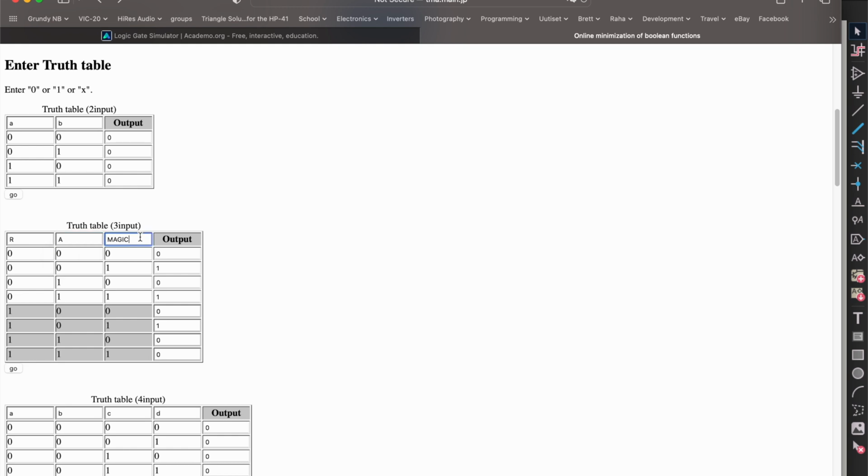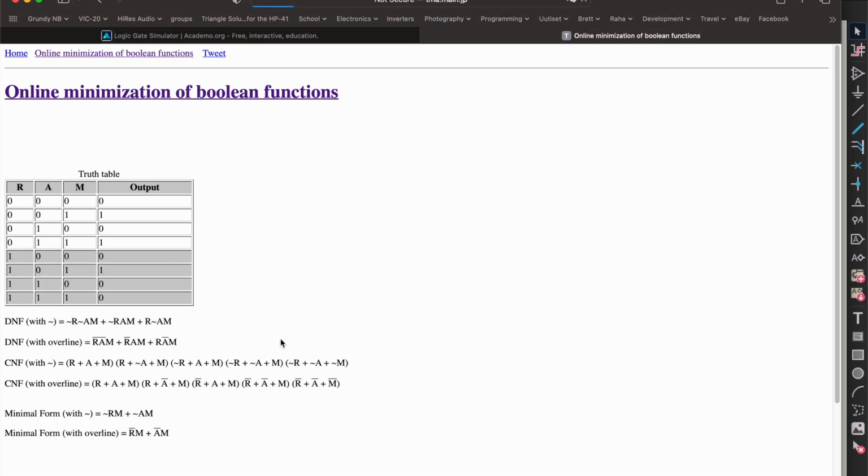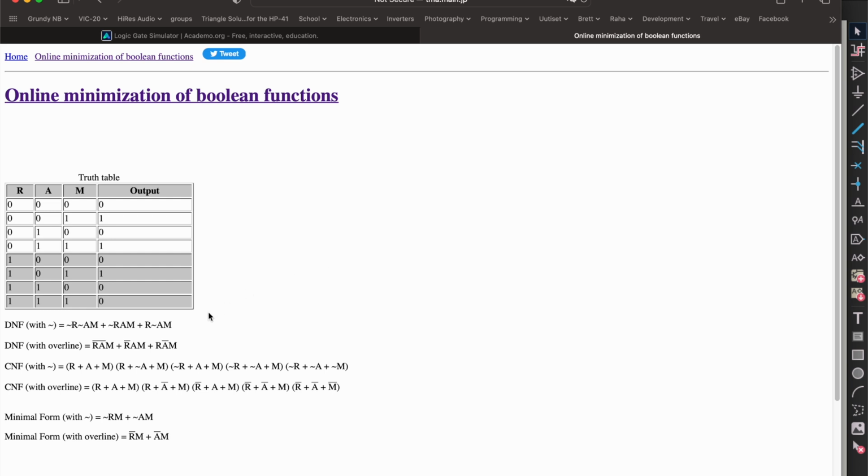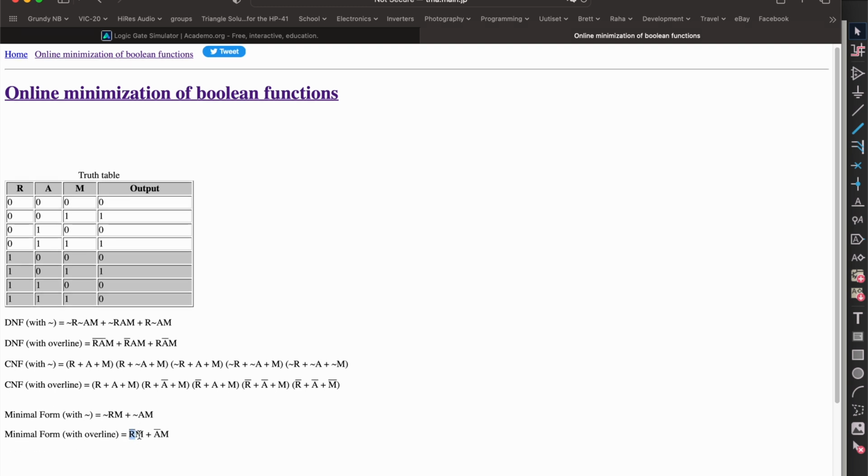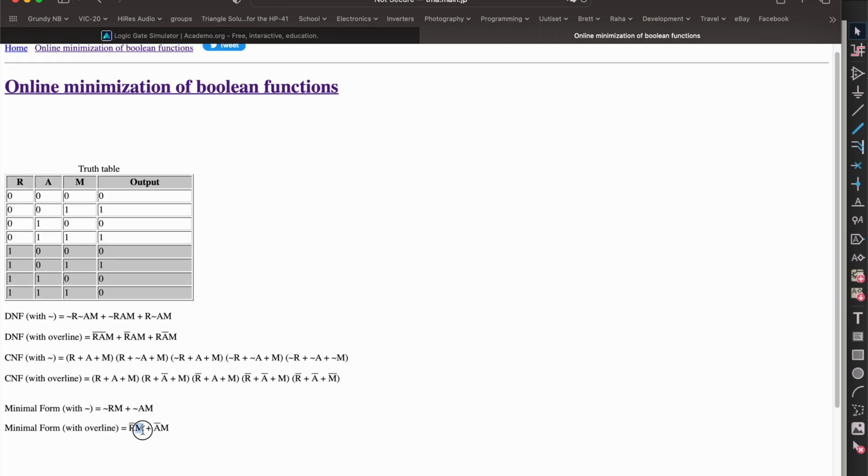And there we go. Okay, here we go. So that's what we want. And here's the minimal form. So basically invert of R and M, or invert of A and M. So that basically should be our RAS input.